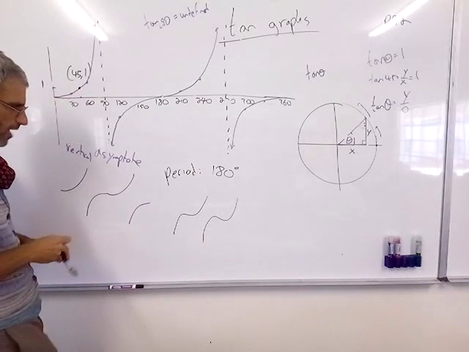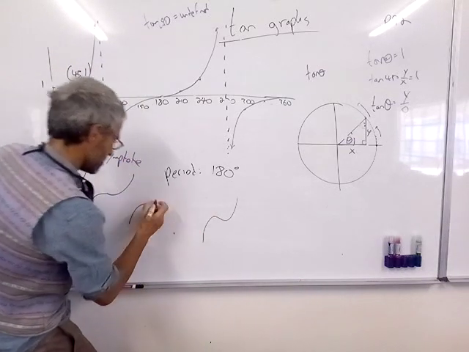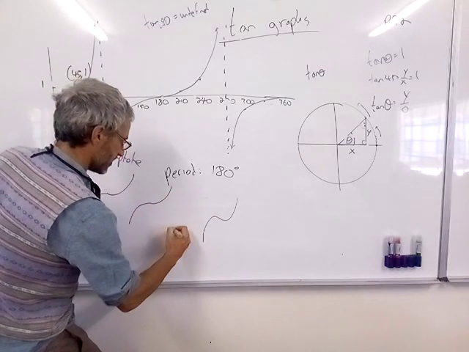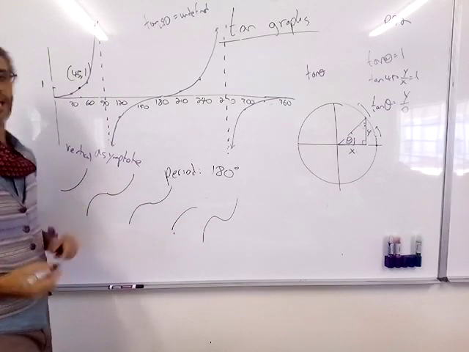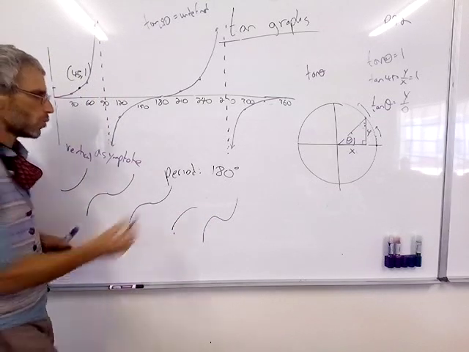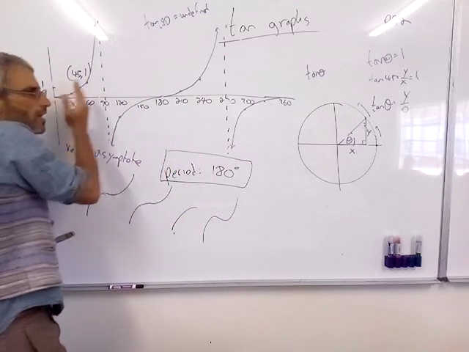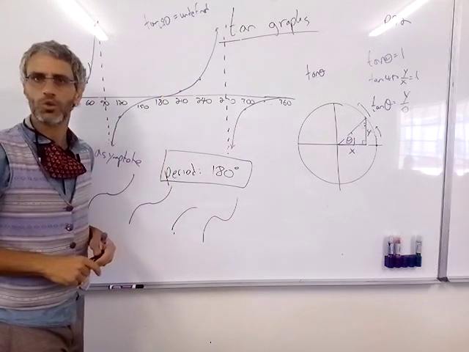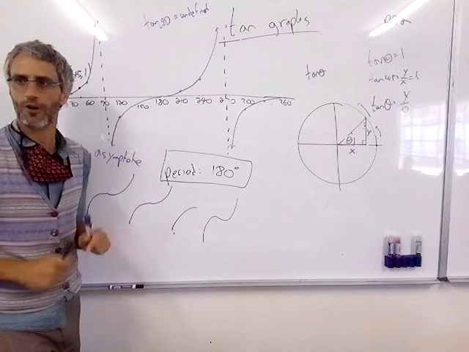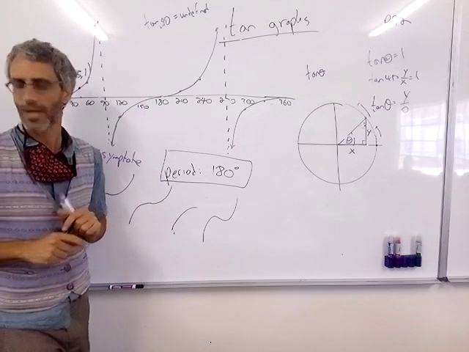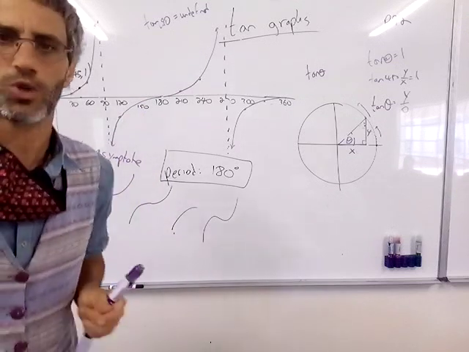And then I can reproduce it again. Am I getting back the same graph? I'm getting the same graph. So wherever you start, you always need another 180 degrees to have the full picture of that graph. That's the period.